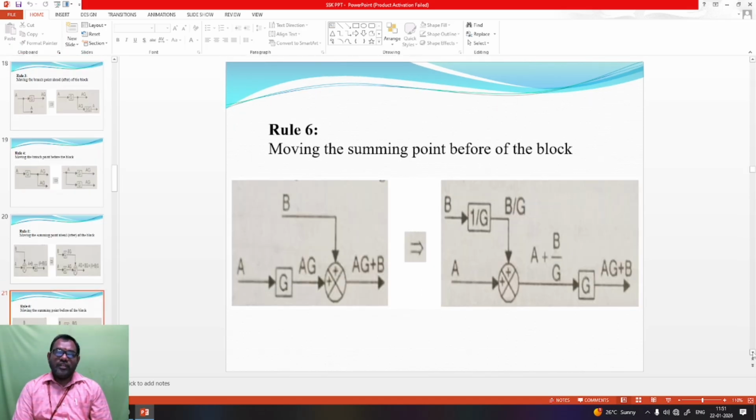Similarly, moving the summing point before the block is called rule number 6. The summing point is already available after the block. We are going to move or shift the summing point before the block.